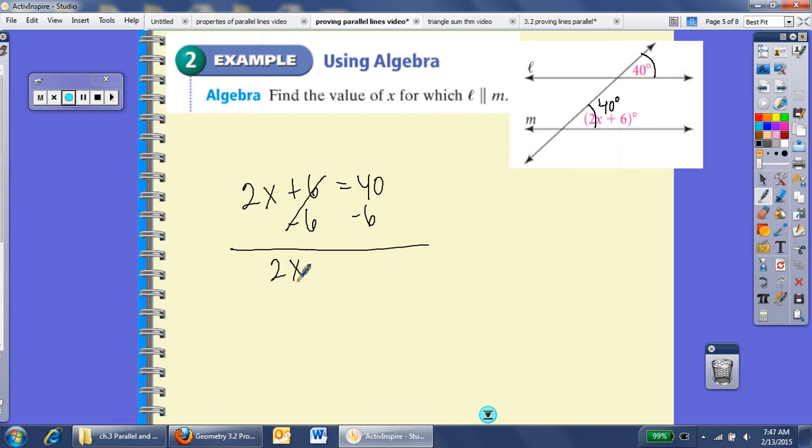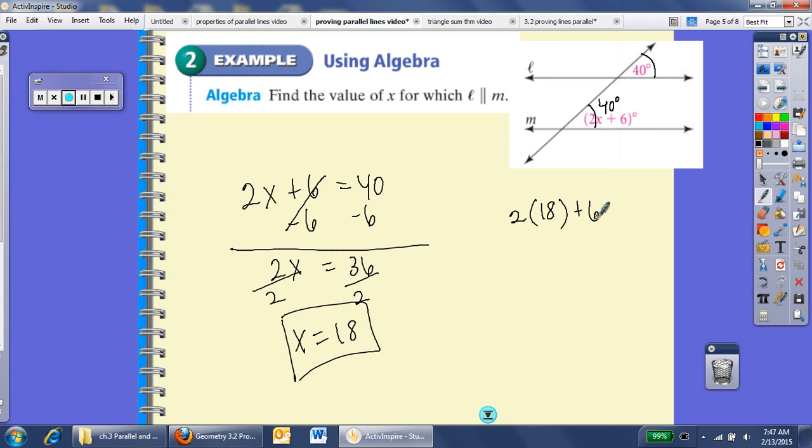We get 2x equals 36. Divide by 2. So x equals 18. Let's double check just to make sure that if we were to plug 18 in for x here, we actually get 40 degrees for this angle. So 2 times 18 plus 6. 2 times 18 is 36 plus 6.